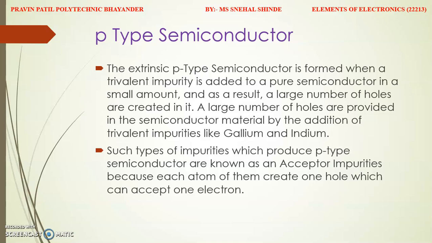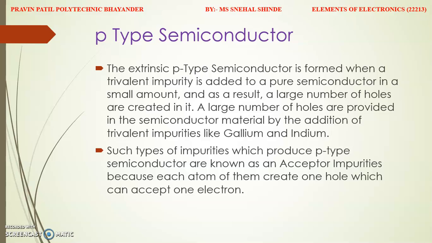The materials having 3 valence electrons per atom are known as trivalent impurities. And the examples of the trivalent impurities are boron, gallium and indium.